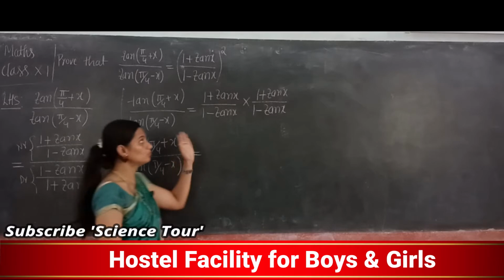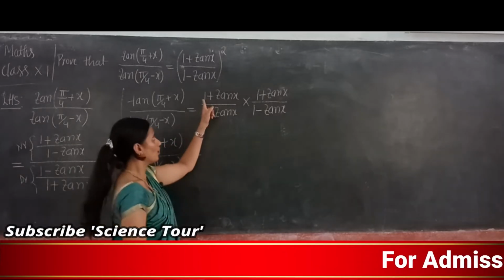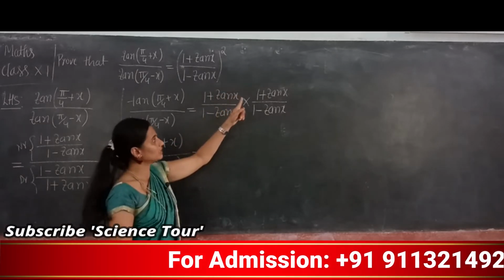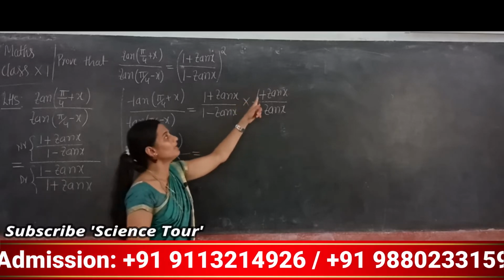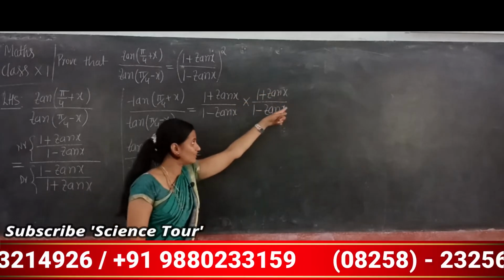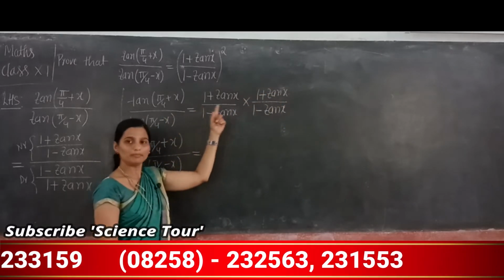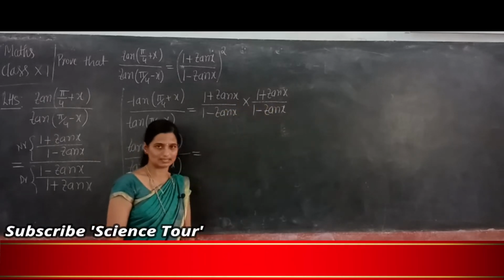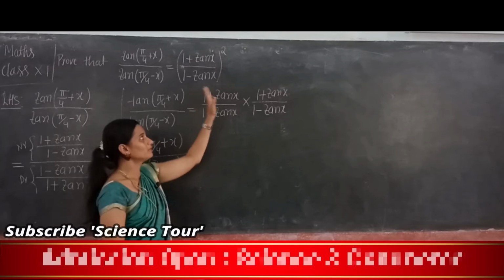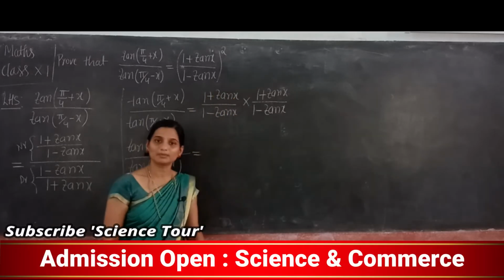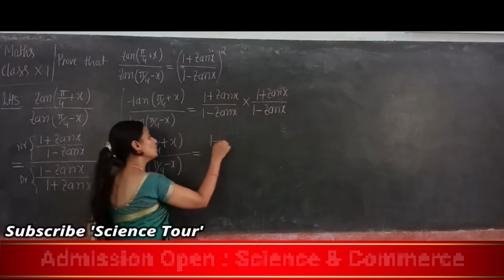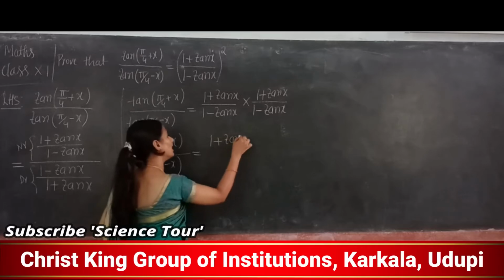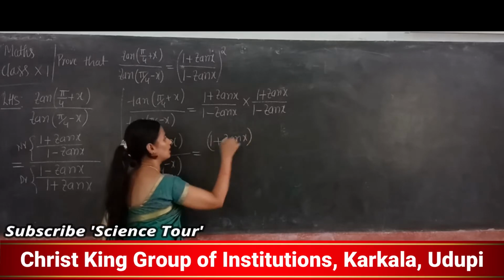see here how to read. Once we read this: (1 + tan x) into (1 + tan x) divided by (1 − tan x) into (1 − tan x), right? So (1 + tan x) into (1 + tan x) is (1 + tan x) whole square.